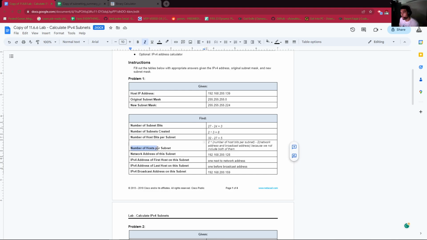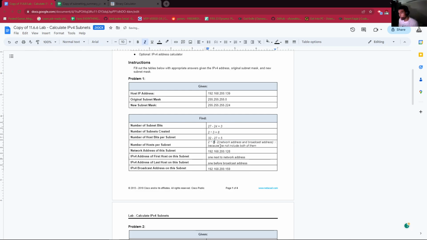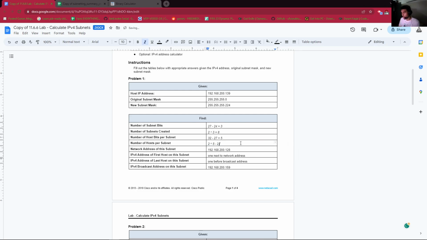Next one is the number of hosts per subnet. Same as before, it is 2 to the power of the number of host bits per subnet, which we have done here before, so 5, and minus 2. The 2 represents the network address and broadcast address, which we're not going to include in this equation.